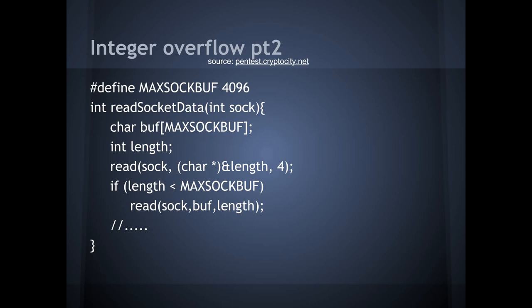So the error here is that essentially we're taking an integer, and by default they're signed, and we're comparing it here to a pound define, max sock buff. By default, pound defines are also signed. So we're comparing signed versus signed.